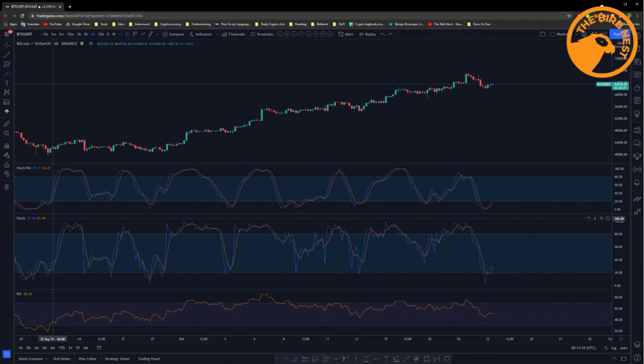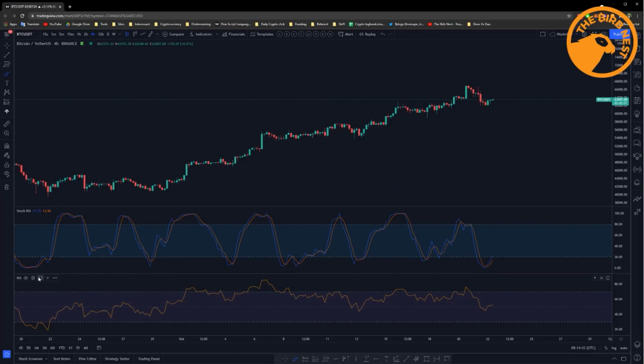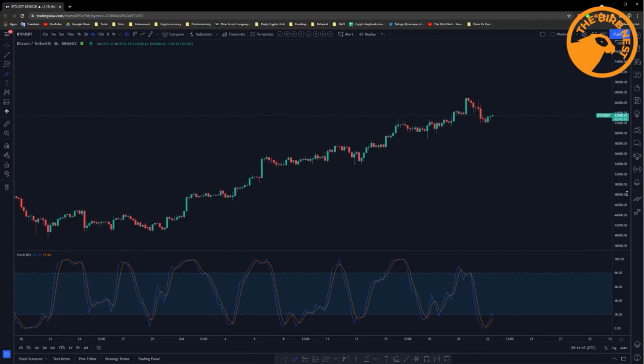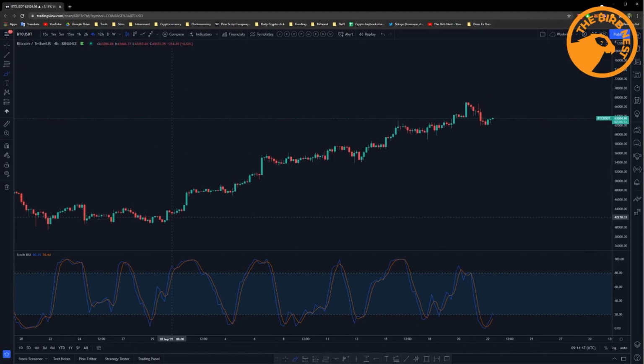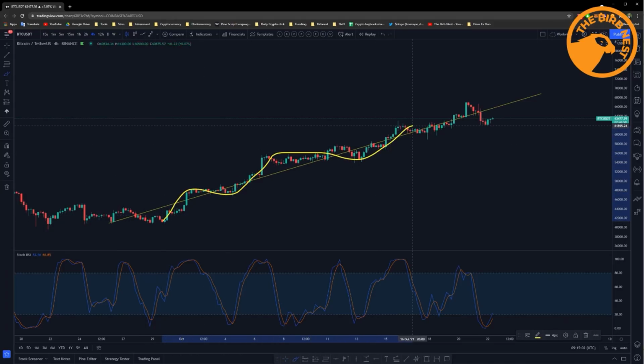And this is why I like using the stochastic RSI itself, because in general, a market doesn't move in a straight line up. We could try to fit some line in here around which it moves, but the market always moves in waves around an average.